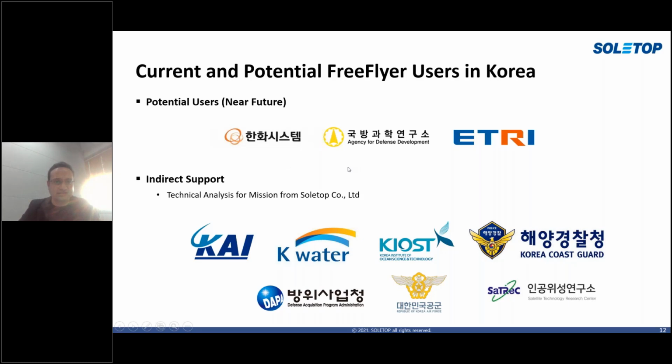Hanwha is in the league, and also the Defense Agency of Korea, ADD, and ETRI. So we have several different indirect support partners: KAI, Korea Aerospace Industries, K-Water, and CETREC, and several other government institutions are also part of our government collaborations and work.